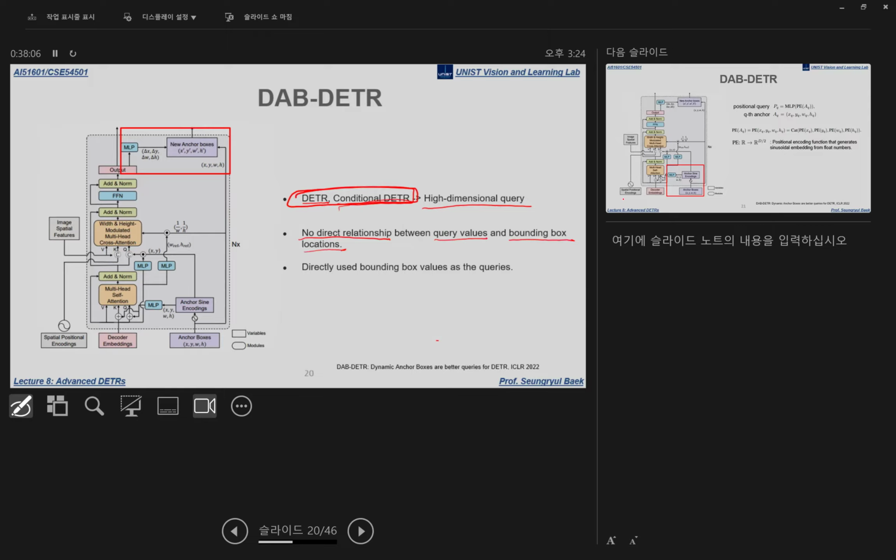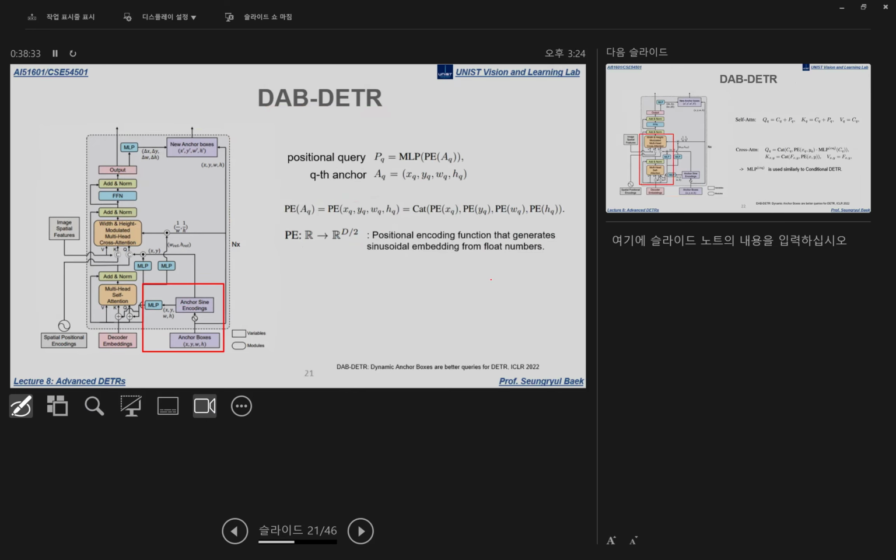In conditional DETR, they estimate bounding box information from the object query, so somehow they have some relationship, but not a direct one. But in DAB-DETR, they involve the bounding box as the object query information, so they now have a more direct relationship. They directly use bounding box values as the object queries, and this is how they make the object query.